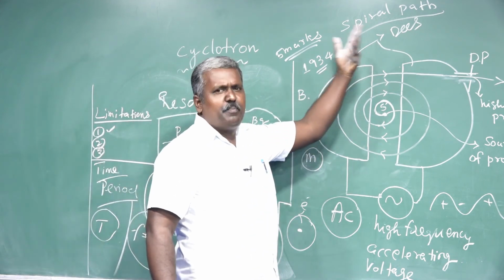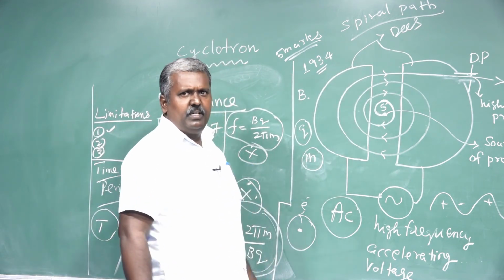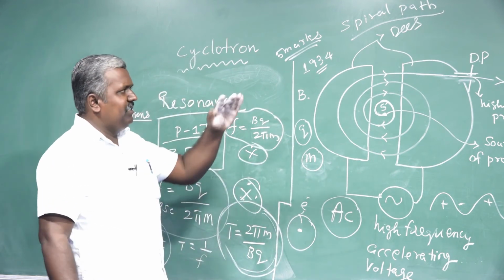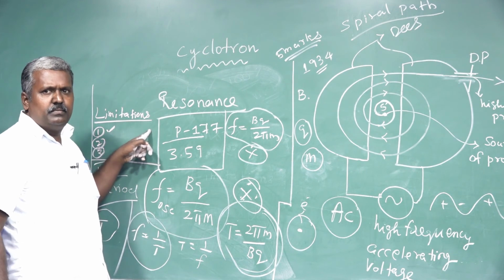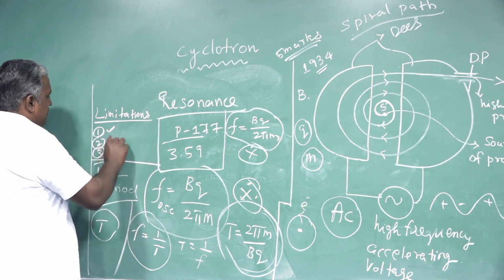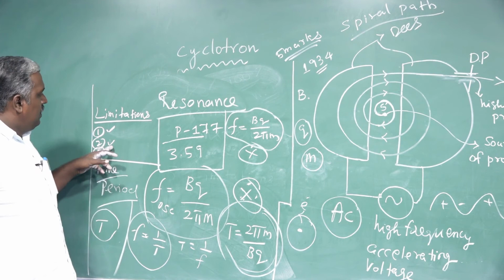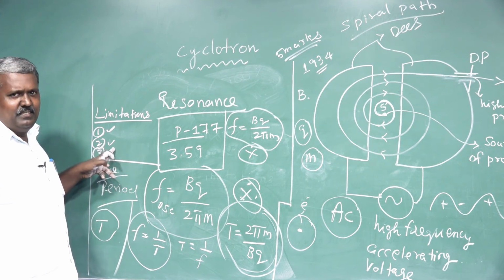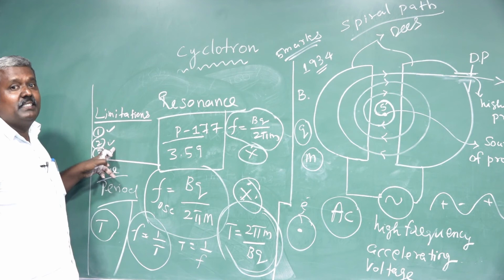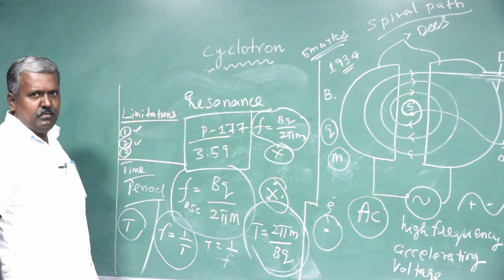Second, electrons cannot be accelerated. Why? Because they have negative charge, no? Yes. Electrons cannot be accelerated with the help of the cyclotron.